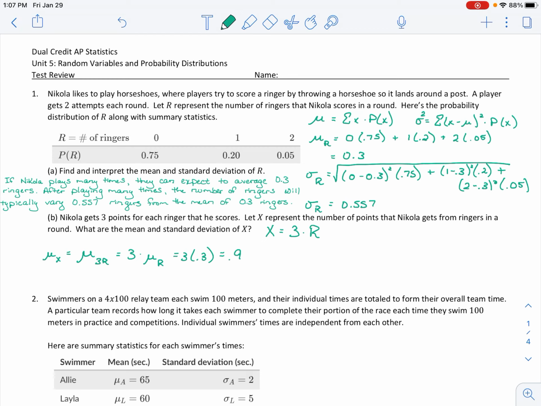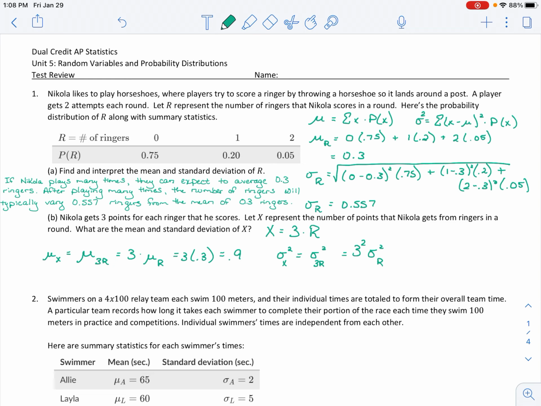The standard deviation, I know a lot of times I have you guys go through and do the variance first, so I'll show you that version. If I want the standard deviation, the variance of x is the variance of my 3R. So I can just take my variance of r and multiply not just by the 3, but the 3 squared.